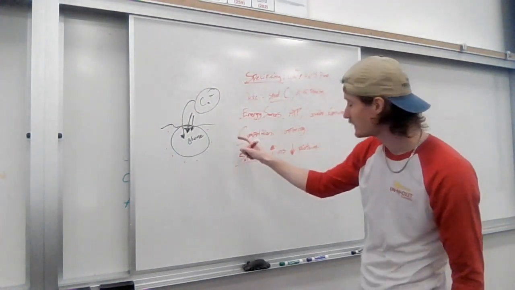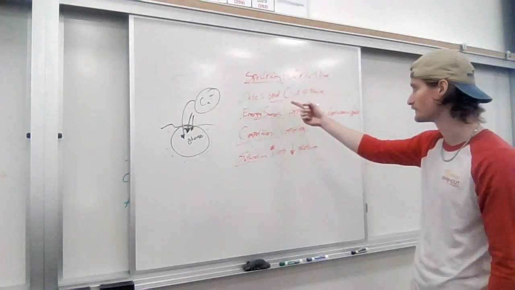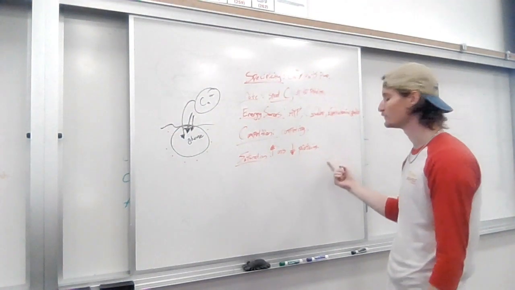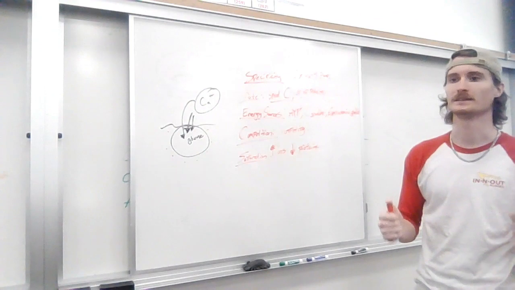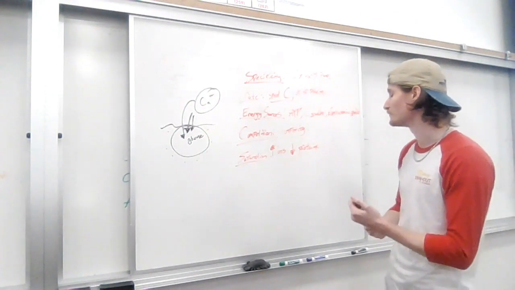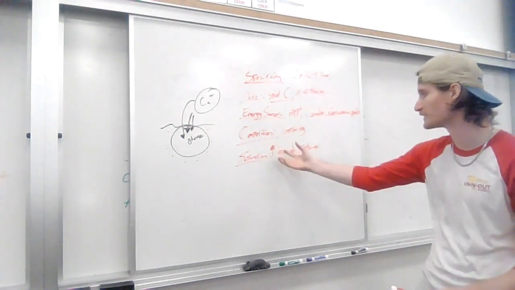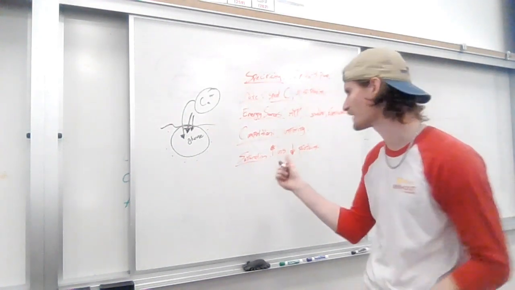We don't have enough proteins. The rate of transportation or the rate of diffusion is going to just stay the same, because it's so saturated that there are too many molecules and ions for the amount of proteins that are going to be able to take those and actually move them. And then direction.